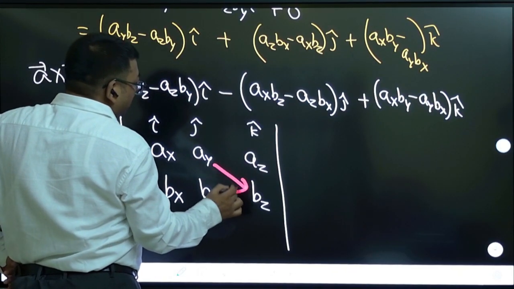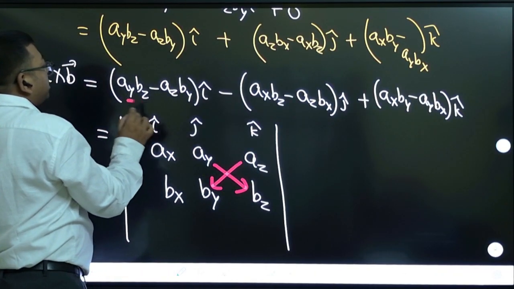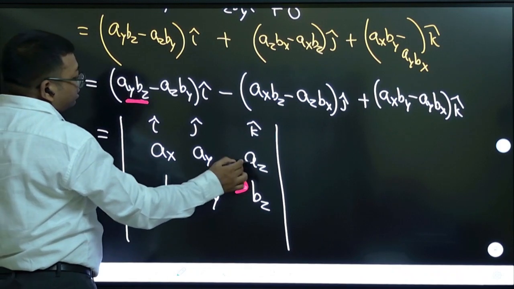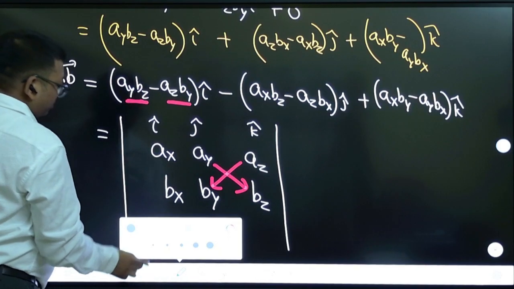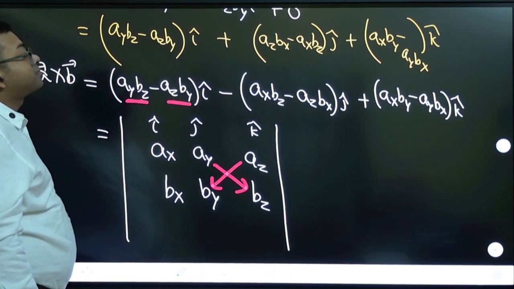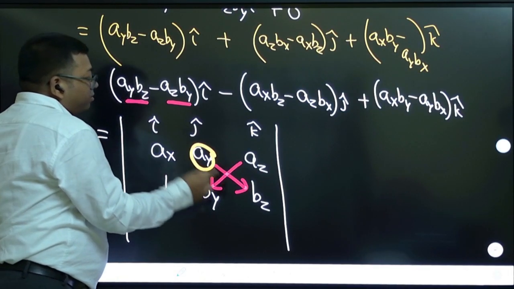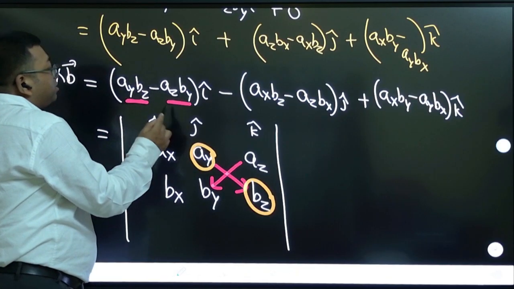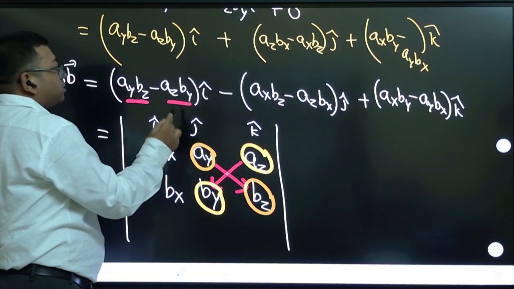Note that first ay bz is coming, then minus az by is coming. Correct? Yes, you can see that, right? First you are taking ay into bz, then minus az into by.